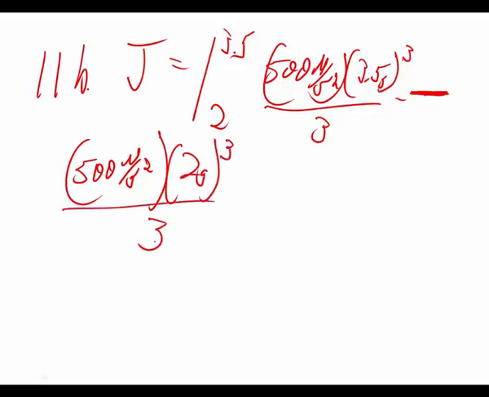Over 3. And what do we get? 5812.5. Is that right?